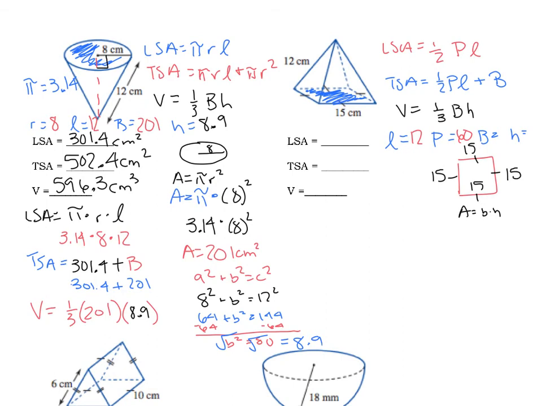All right. Now the area of the base, simply base times height, which is going to be 15 times 15. And that gives us 225.